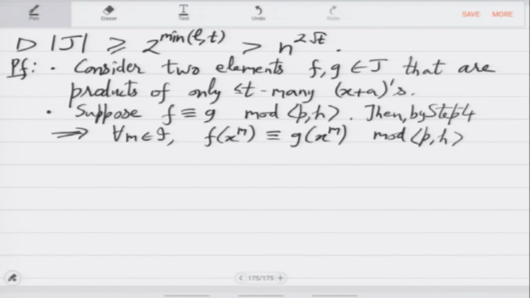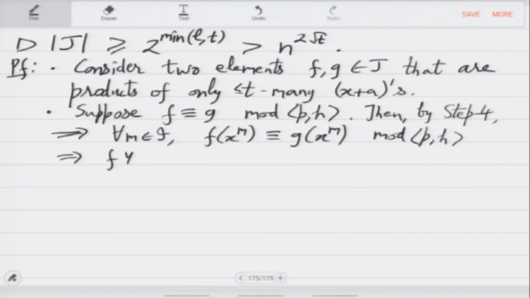So, by step 4, you get f(x)^m is equal to g(x)^m, which is f of x to the m, and remember that all these x to the m's are different.